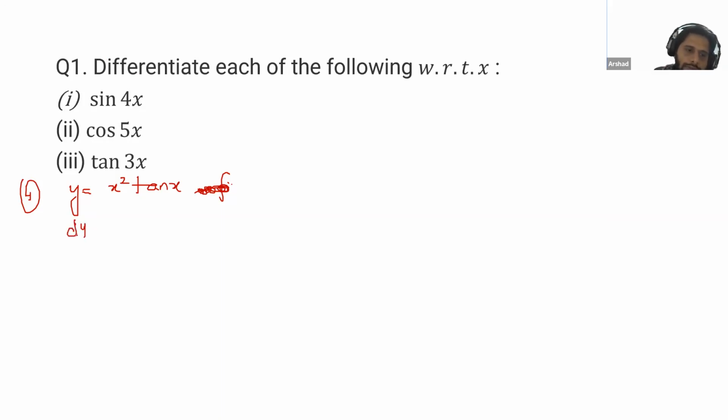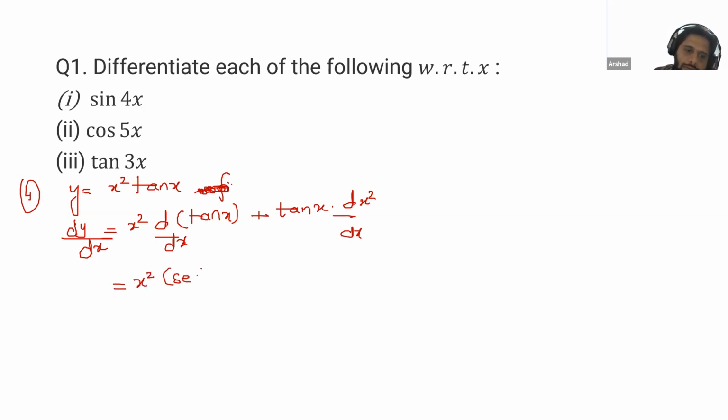Dy by dx is equal to, first function as it is, we will differentiate the second function, tan x. Then tan x as it is, we will differentiate the x square. So we will get x square, and the derivative of tan is sec square x, plus tan x, and in place of x square we have 2x.